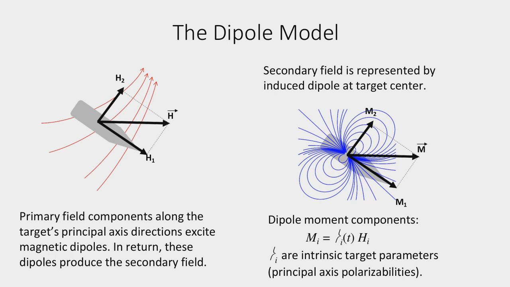The normalized or unscaled magnetic dipole moments, or polarizations along the target's main axes, are properties of this object, and they are independent of the object's orientation and location with respect to the sensors. Those polarizabilities are properties, and we use them for classifying targets.